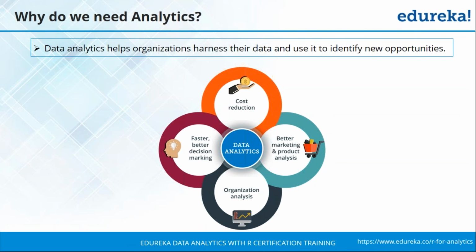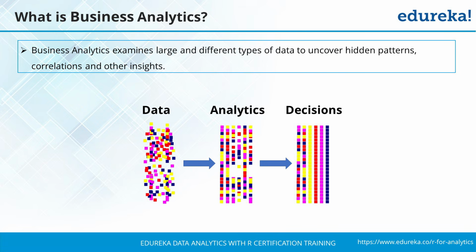Okay? Keeping that in mind, let's move forward and try to understand what exactly business analytics is. We've understood why we need it, but then comes the question of what exactly business analytics is. Business analytics is the process of examining the large set of data that you have and finding hidden patterns or correlations in it, or even better insight as to what you need to do.